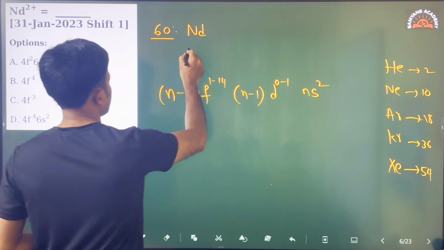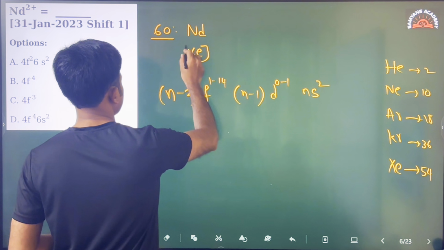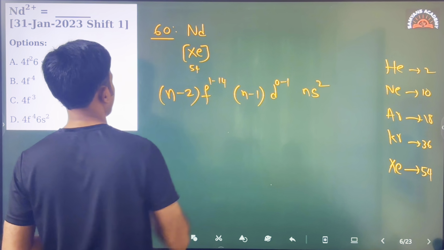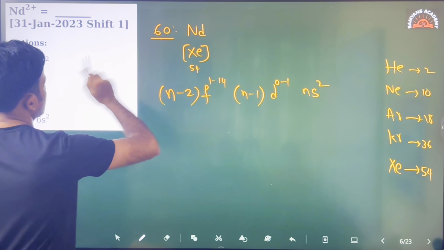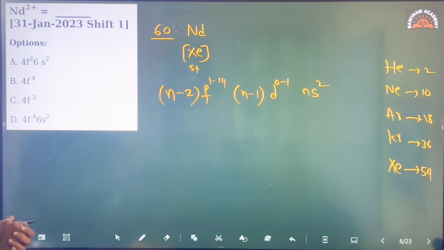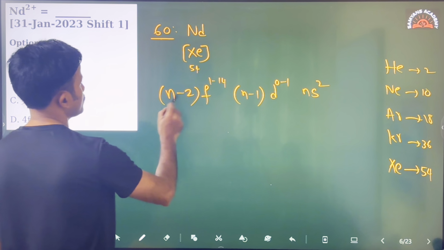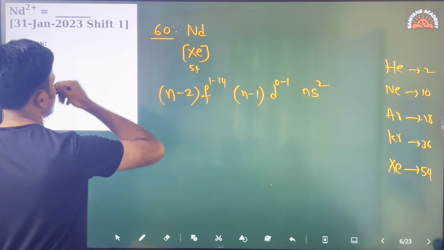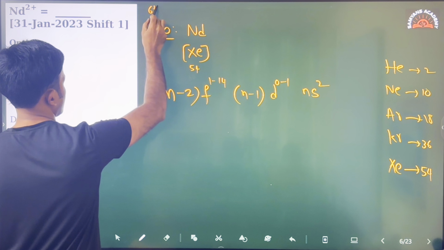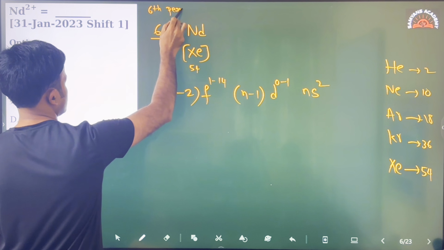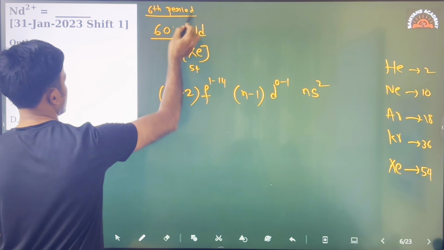Xenon. Xenon number is 54, but neodymium has 60 electrons. Neodymium is an F block element and belongs to the 6th period.